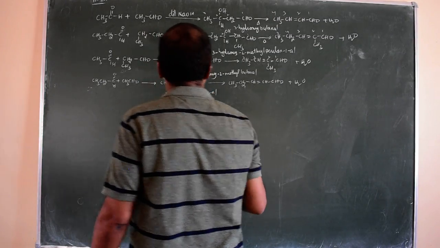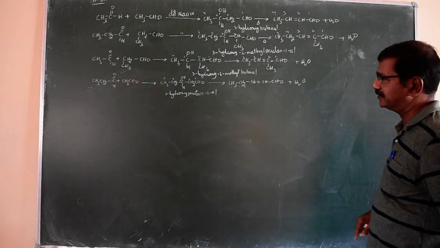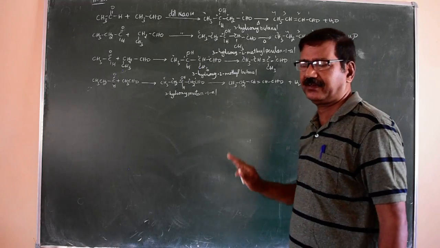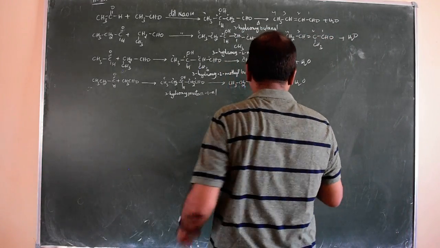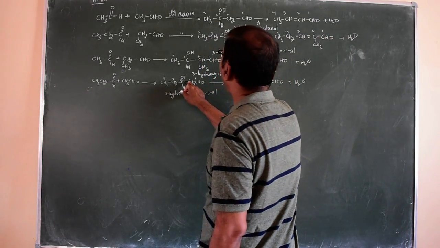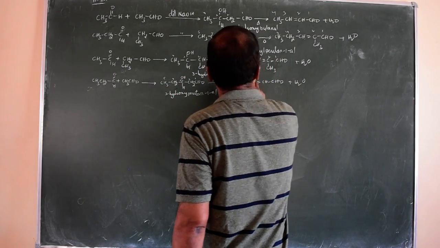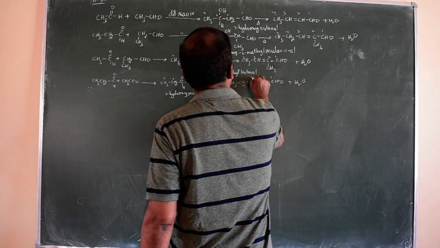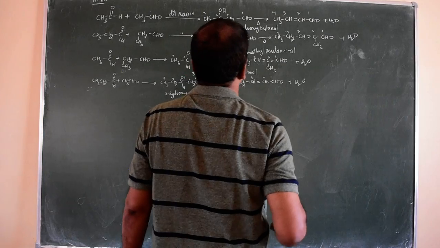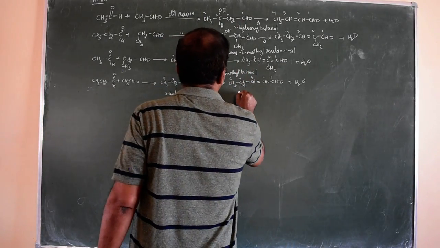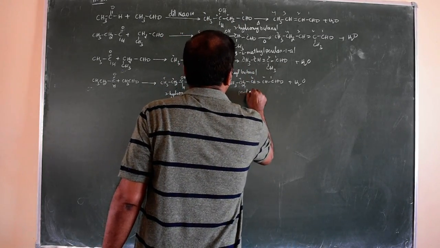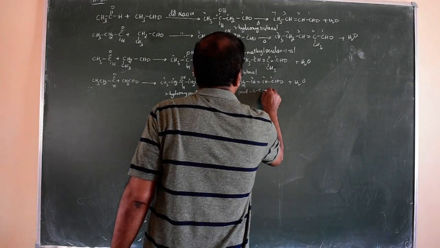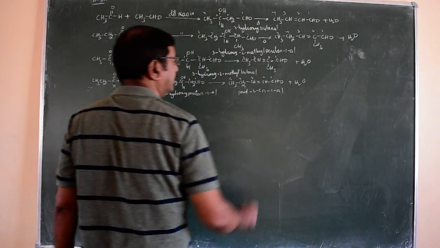No need to write the 1-al, since it implies the first carbon itself is CHO. Now the name of the product, again alpha beta, 1, 2, 3, 4, 5, is pent-2-en-1-al.